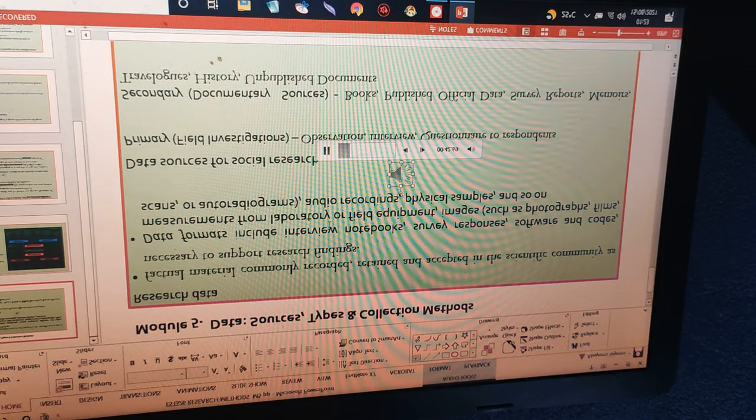These data formats can be in the form of interviews, which you keep or record in your interview notebooks. It can take the form of survey responses, in which you count the number of people who responded to a particular question. It can take the form of software where you use code, measurements from laboratory or field equipment.